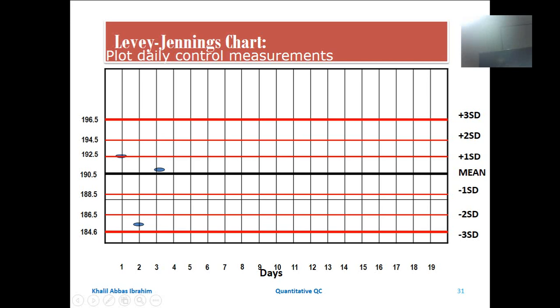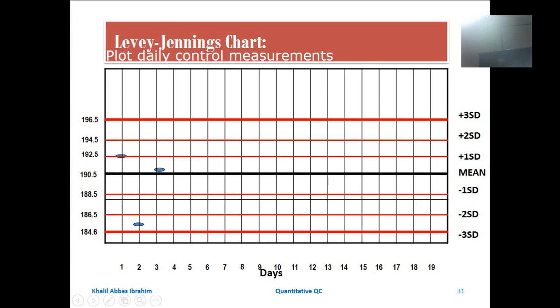On day 3, the value lies quite near to the mean, which is highly accurate. As we said before, accuracy is the closeness of the values to the true value, and we said the mean represents the true value. So on base of accuracy, this value is the most accurate than this one and than this one.